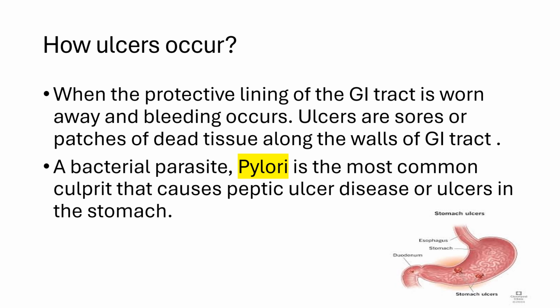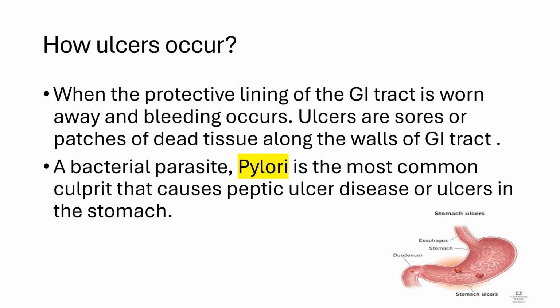How ulcers occur: when the protective lining of the GI tract is worn away and bleeding occurs. First we have to keep in mind that there is a protective lining inside the GI tract, and when it is worn away, it is ruptured, then bleeding occurs. Ulcers are sores.